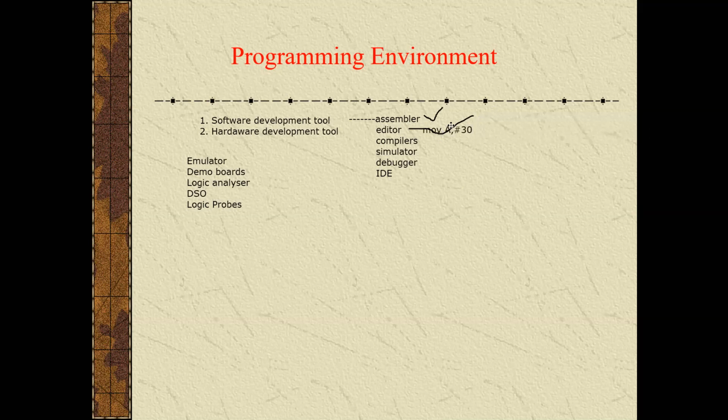So in the editor we write this kind of instruction, and the assembler will read these instructions and convert them into binary form. Binary is nothing but zeros and ones. So this is the task of the assembler.